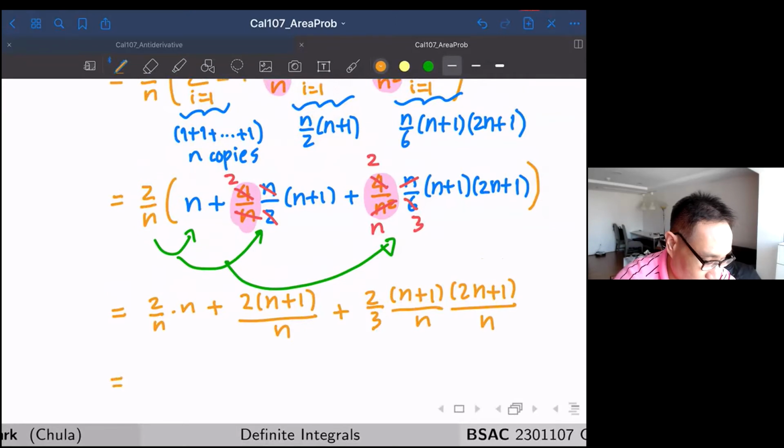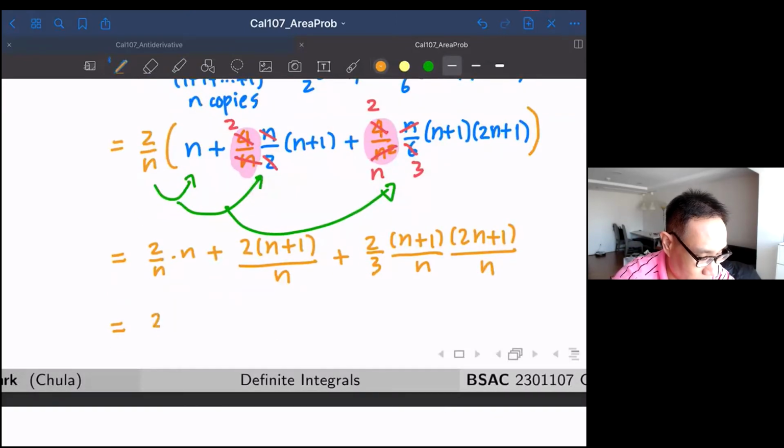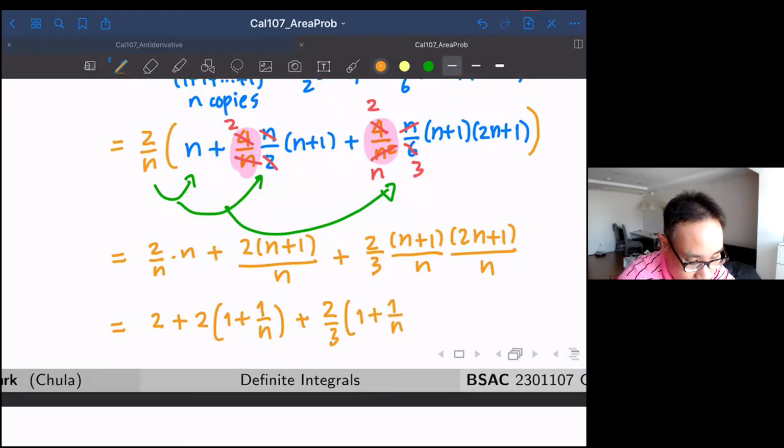And this is the thing that we're going to simplify to. So it's going to be 2, plus 2 times (1 plus 1 over n), and you have 2 thirds times (1 plus 1 over n) times (2 plus 1 over n).